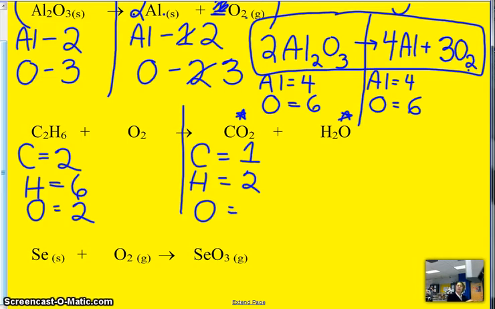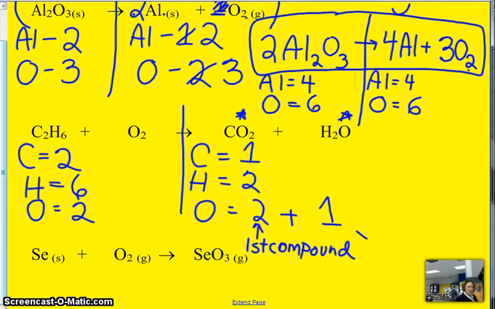We want to list those separately. So we want to say there are 2 oxygens in the first compound plus there is 1 oxygen in the second compound for a total on this side of 3.